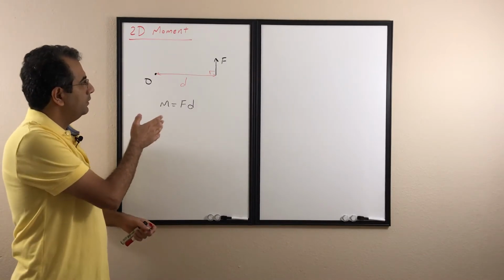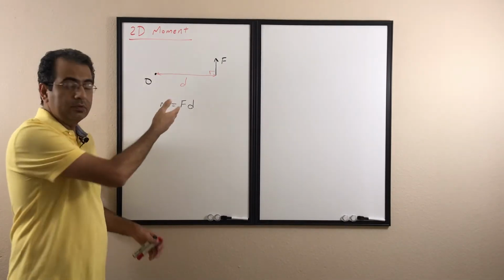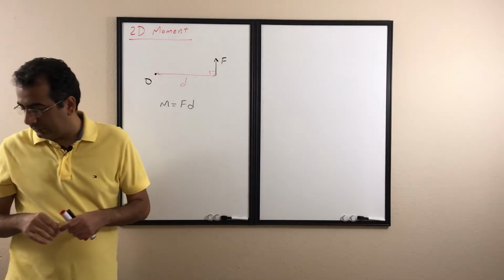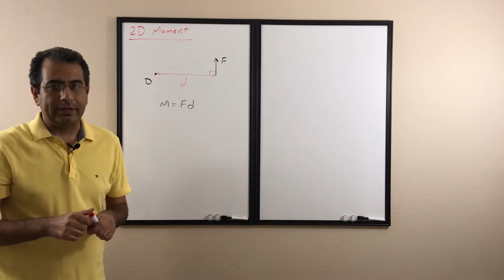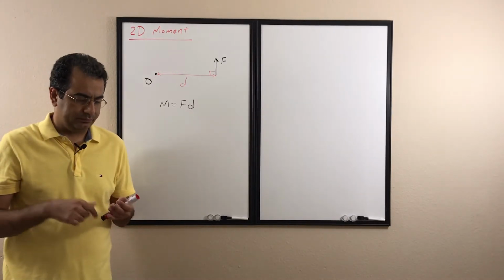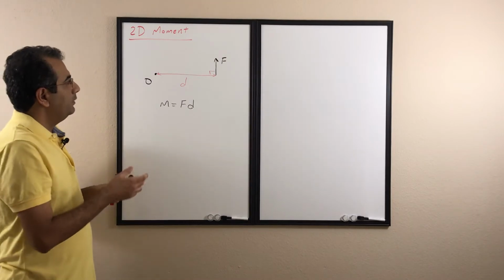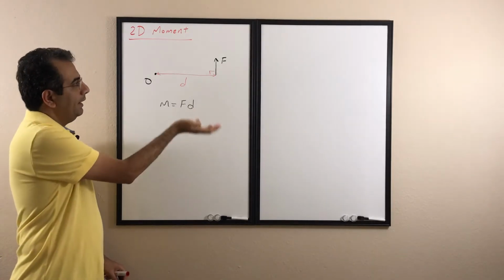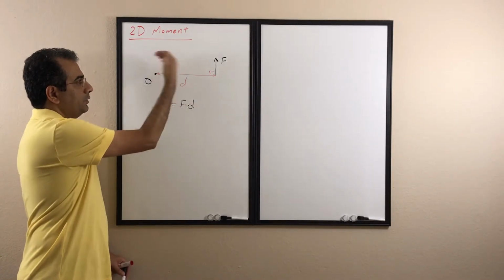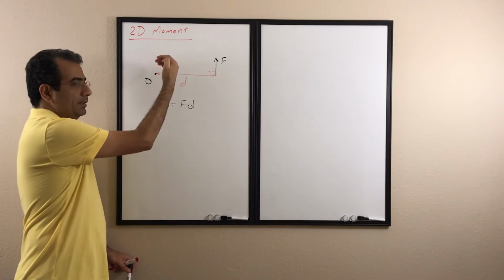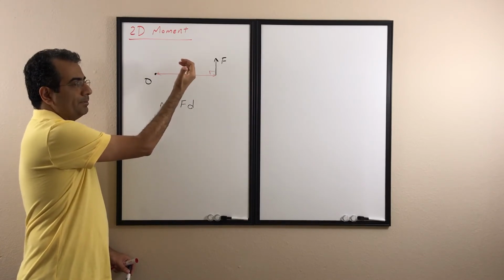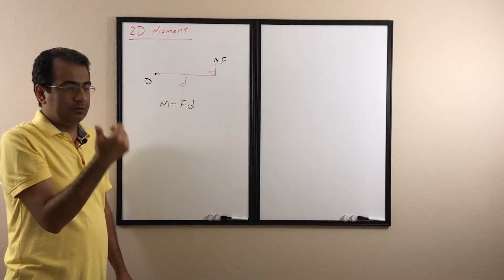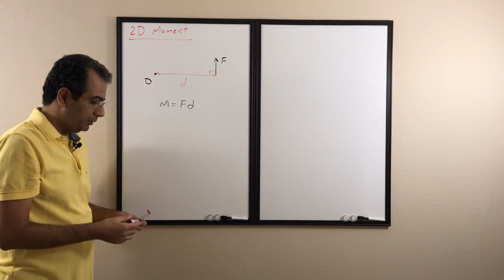So this is the magnitude. Now I want to find the direction of that moment. We are going to use the right hand rule. Remember that if I put my four fingers and curl them in the direction of rotation, my thumb shows the direction of the moment vector.